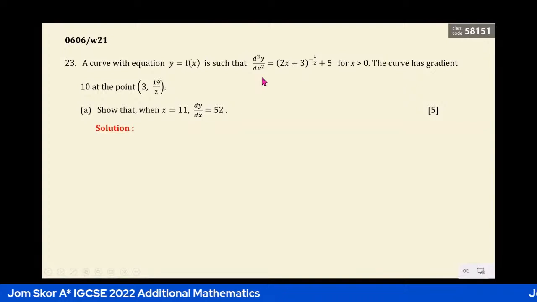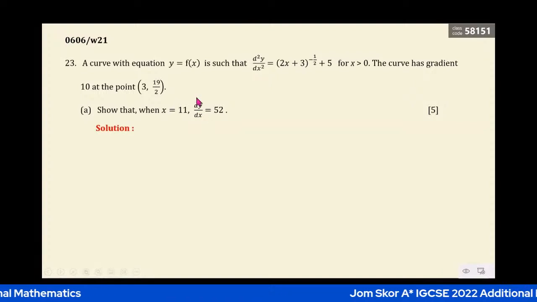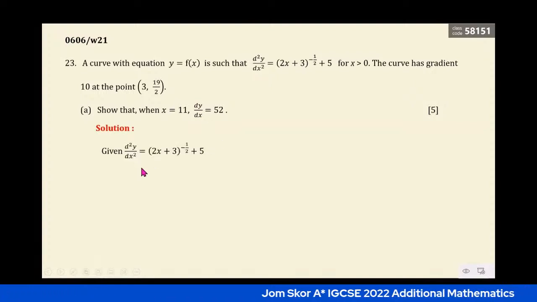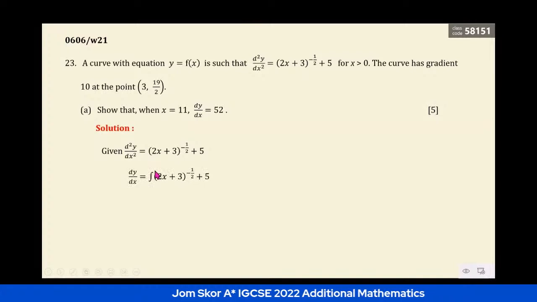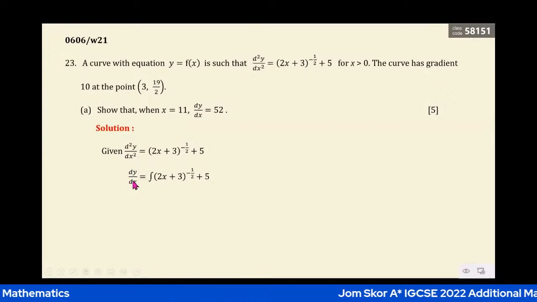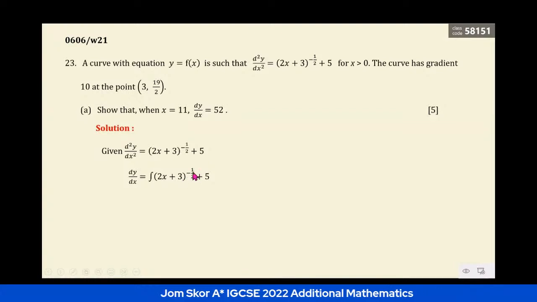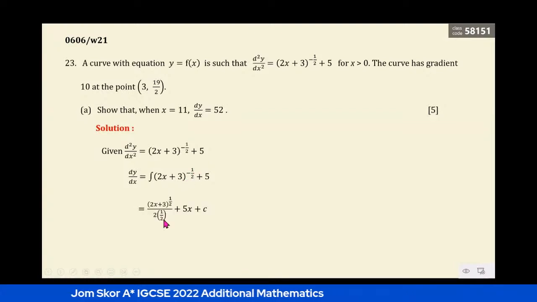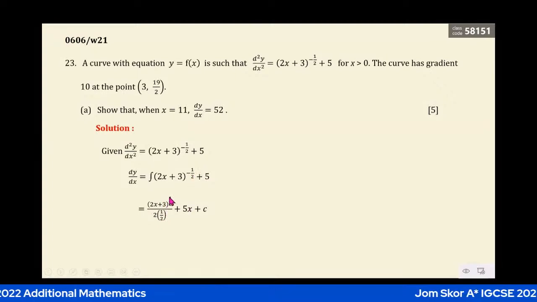When given d squared y over dx squared and you want to find dy/dx, we have to integrate it. So you integrate 2x plus 3 to the power of negative 1 over 2. You will get 2x plus 3 to the power of negative 1 over 2 plus 1, so you will have 1 over 2.